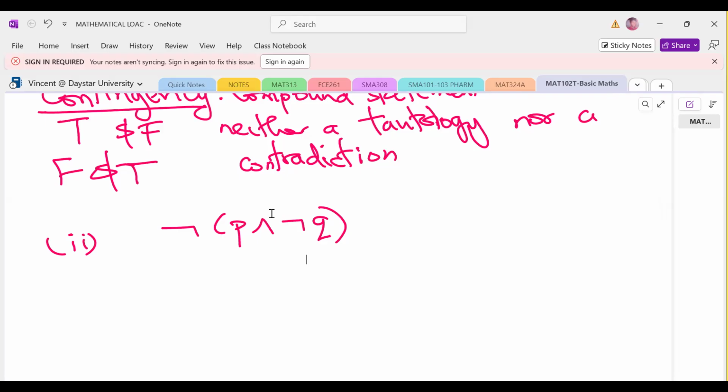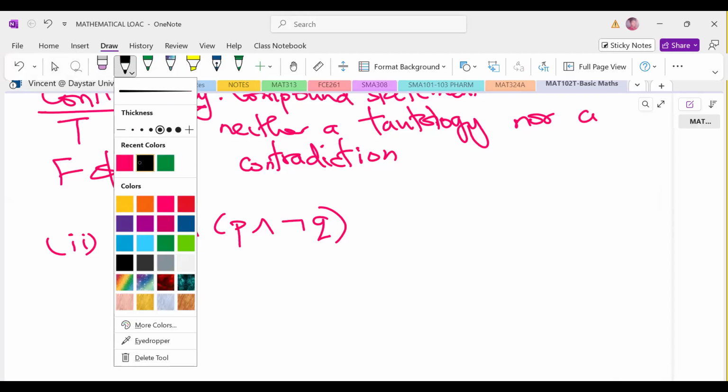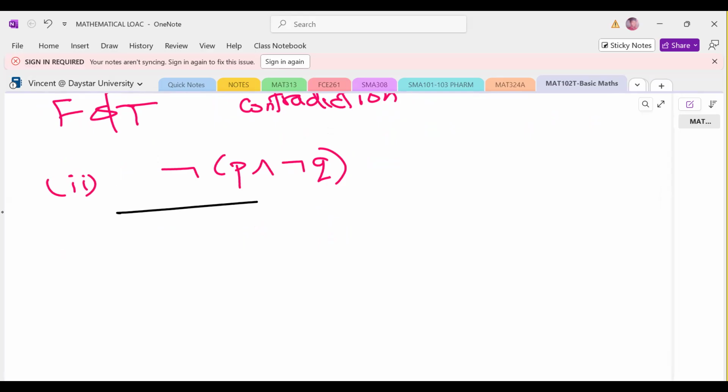Yes. So, what's the first thing? What is the verdict on that statement? What is the classification? Contradiction, tautology, or contingency? From your final answers. Contingency. So let's see.